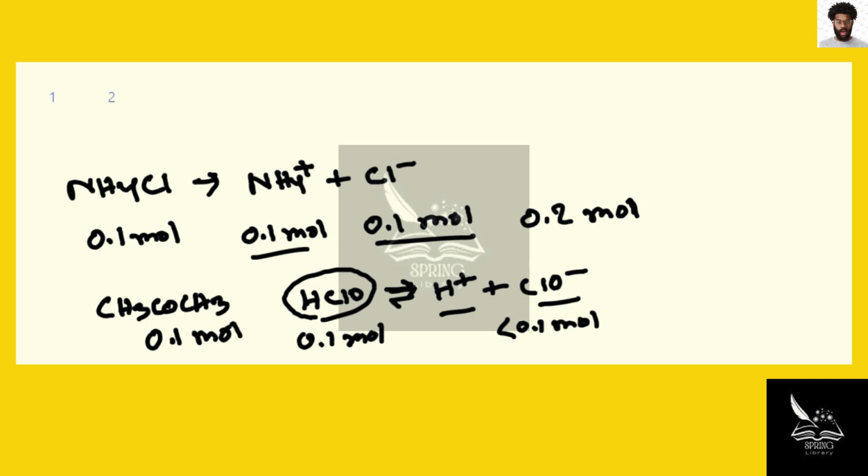That means there will be 0.1 mole HClO and less than 0.1 mole of H plus and ClO minus, since it is not completely ionized or dissociated into its ions. That means the total solute moles for HClO will be somewhere between 0.1 and 0.2 mole.